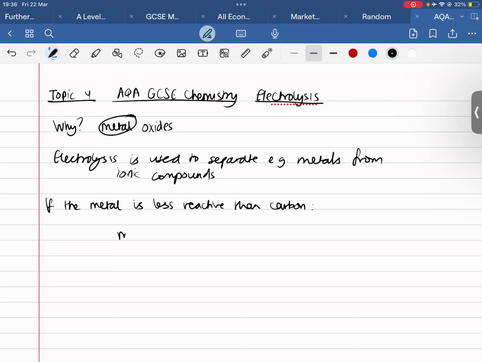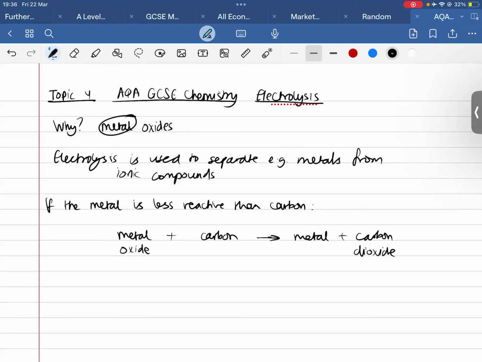Just do this. Metal oxide plus carbon will form the metal plus carbon dioxide. So all you have to do is react it with carbon. But the problem is that only works if the metal is less reactive than carbon.